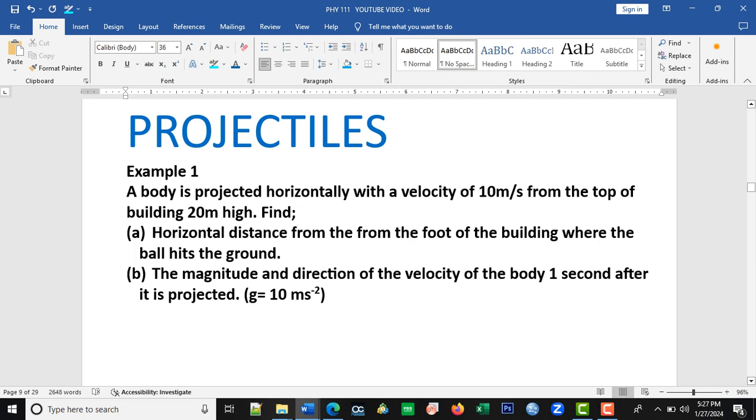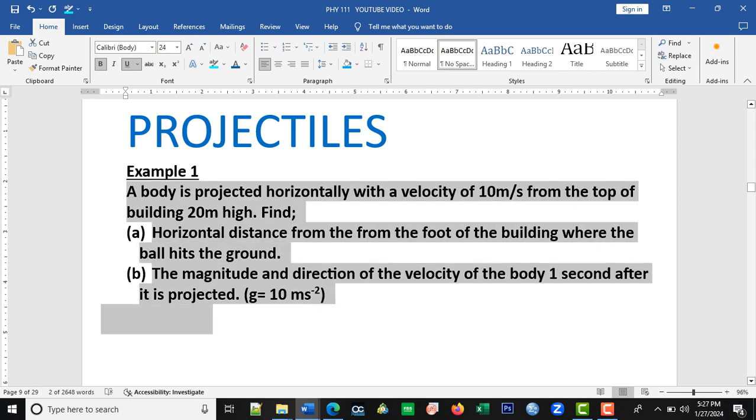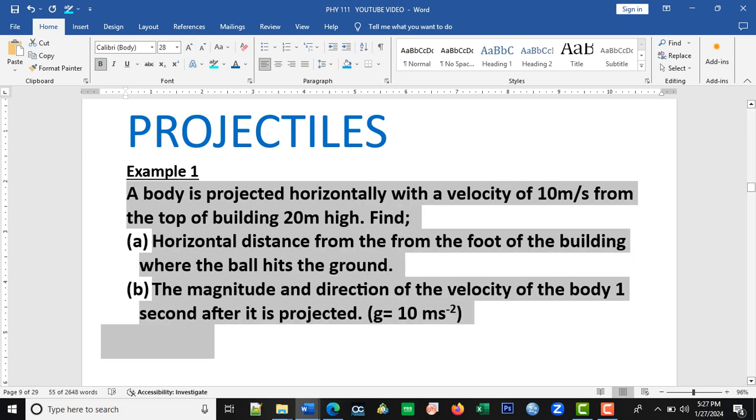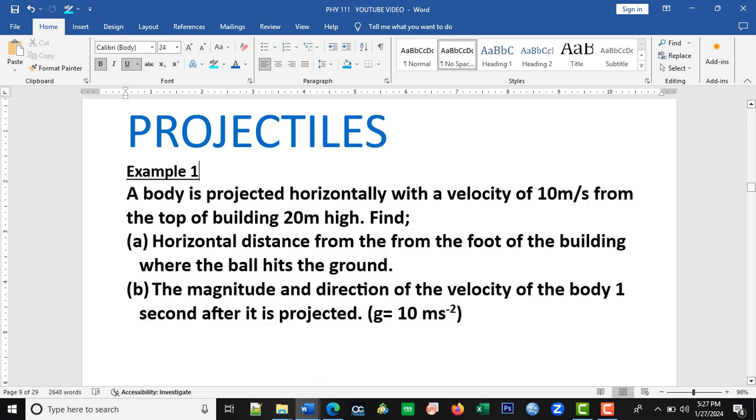Example 1. Let me magnify this so we can see clearly. The example says, a body is projected horizontally with a velocity of 10 meters per second from the top of a building 20 meters high.